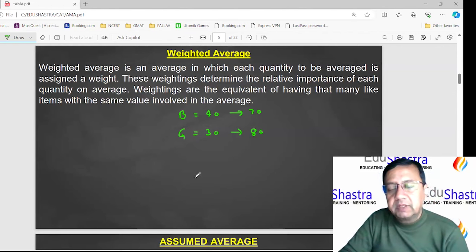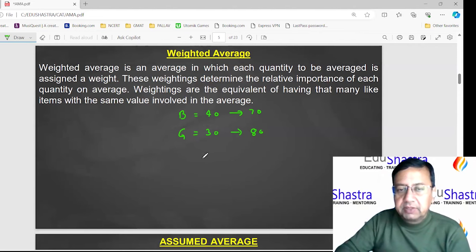I want to calculate the class average. So how do I calculate the class average? This is 40 into 70, that is the total marks of the boys for the class, right? And 30 into 80, that is the total marks for the girls in the class, right?